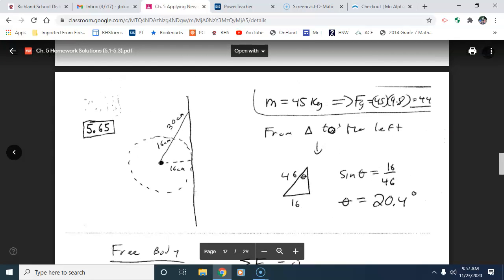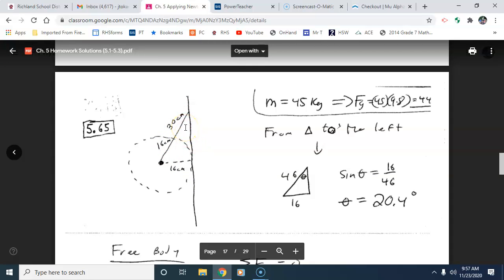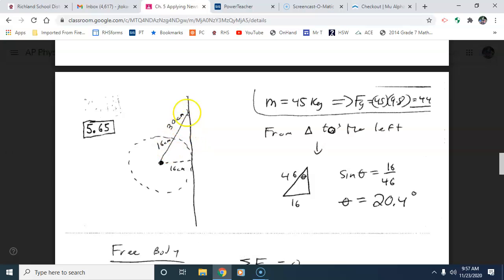And from what was given, from here to here, you could see in the book was 30 centimeters. But it also told us the diameter of the ball was 32 centimeters, therefore the radius is 16. The reason why it gave us these numbers is because we need to find the angle involved. If this is 30, if we create in our diagram a right triangle there, and this is 16, that's 46 along this side.